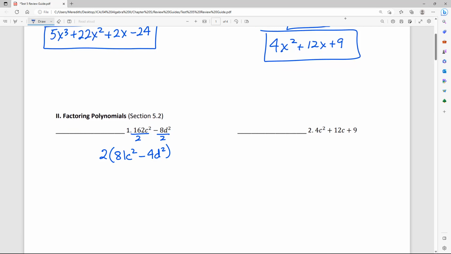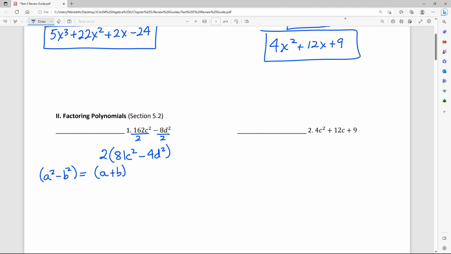Now, what we know about a difference of squares is that if we have a squared minus b squared, that equals a plus b times a minus b.